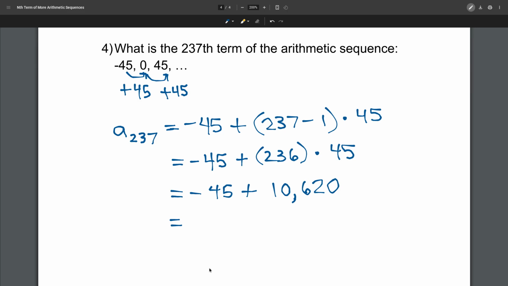All right, so negative 45 plus 10,620 is going to be 10,575. And that's our 237th term in this sequence.